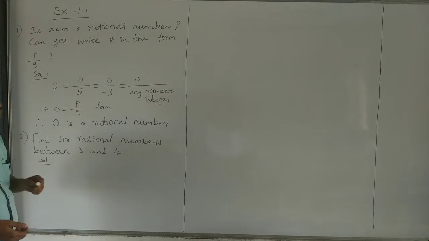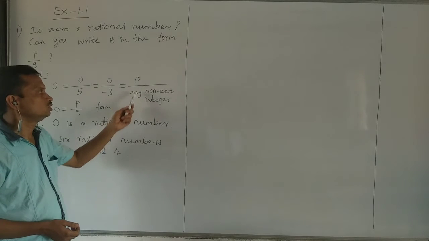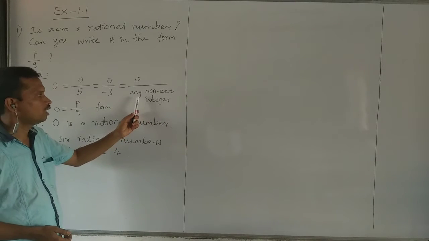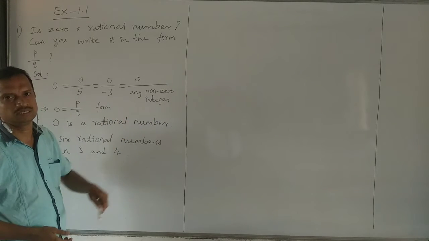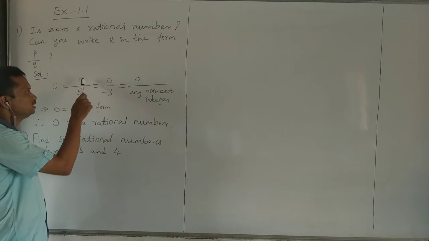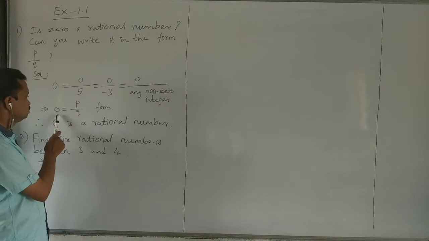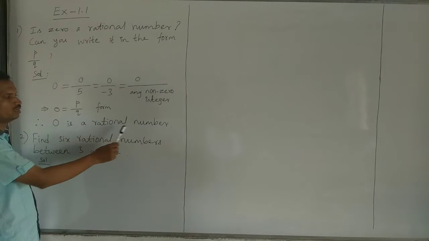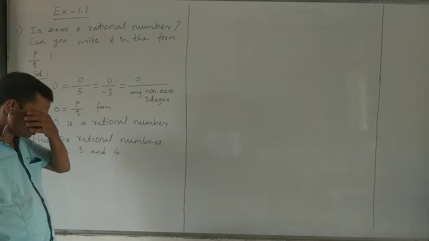So generally you can say 0 by any non-zero integer. The denominator should not be 0. So I am writing here any non-zero integer. So 0 we can represent in integer by integer form. So 0 you can represent in p by q form. Therefore 0 is a rational number.